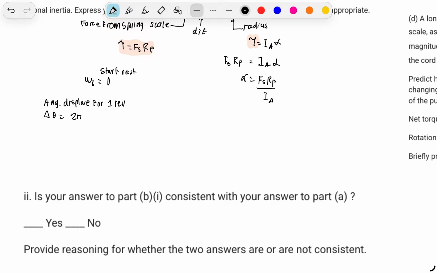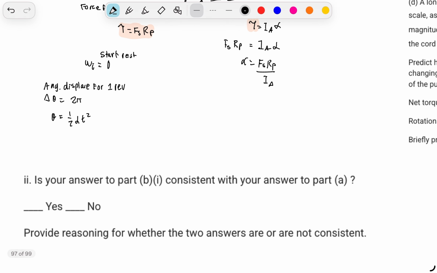So we know that theta is equal to 1/2 alpha t squared, using the equivalent analog in rotations for the version in translational kinematics.